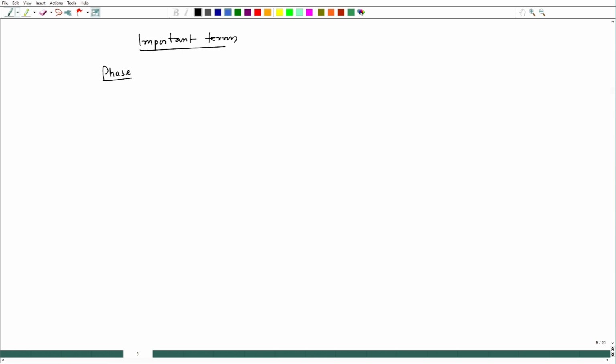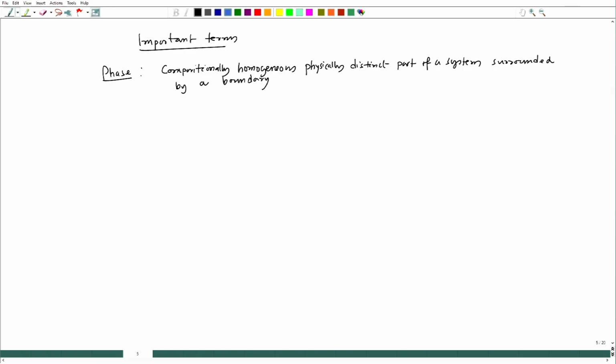How do we define a phase? The classical definition is: a compositionally homogeneous, physically distinct part of a system surrounded by a boundary.